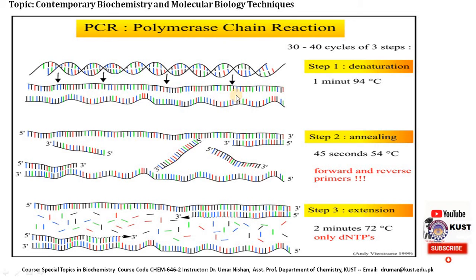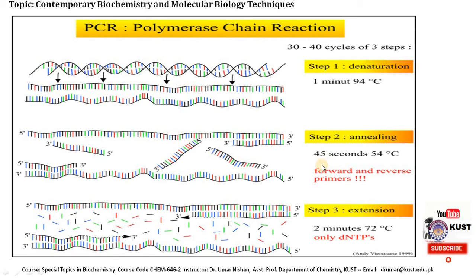After separation of the two strands from each other, the thermocycler will bring down the temperature from 94 degrees centigrade to 54 degrees centigrade, and it will remain like this for 45 seconds.